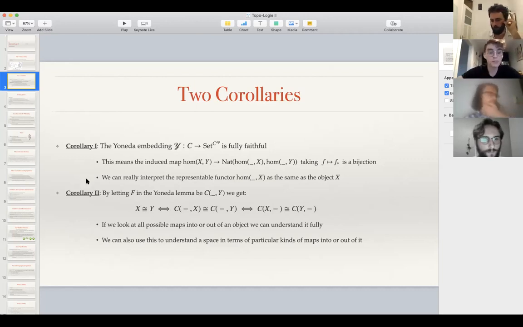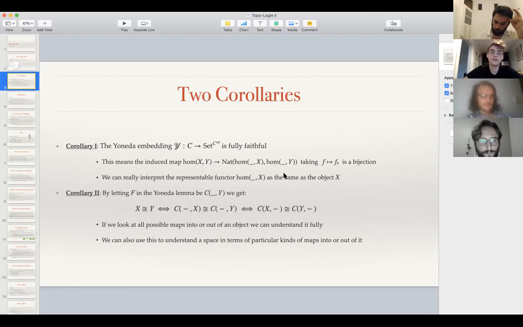So this induced map from Hom(X, Y) is going to take in a morphism. It's an induced map from this functor. Normally you just plug in an object and get this representable presheaf. But if we plug in an arrow or a function, a morphism, then we're going to get a natural transformation between the representable functors.